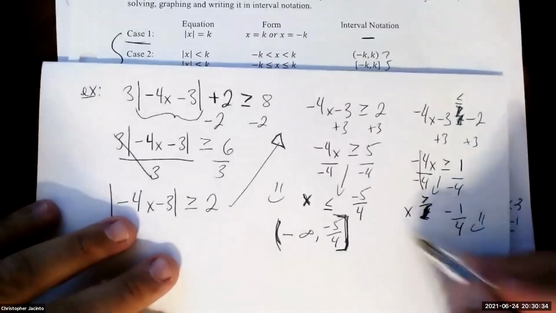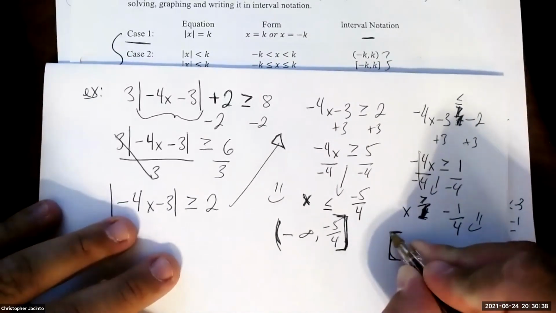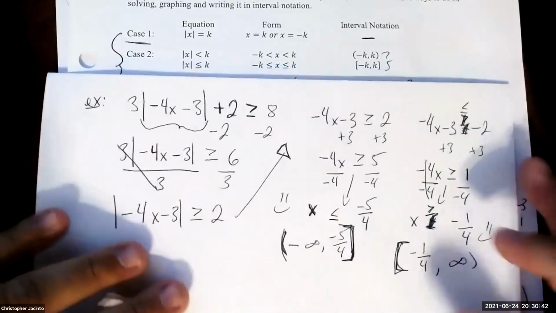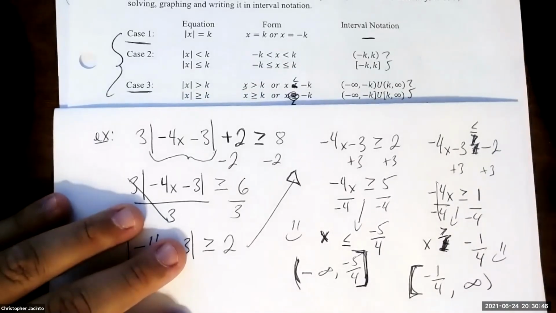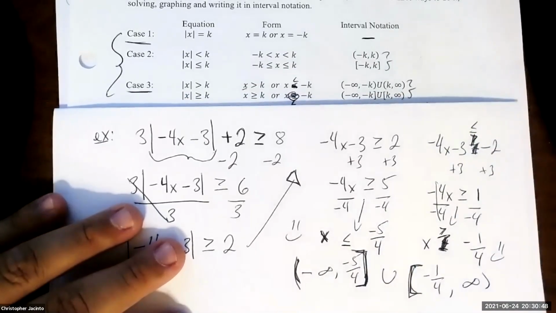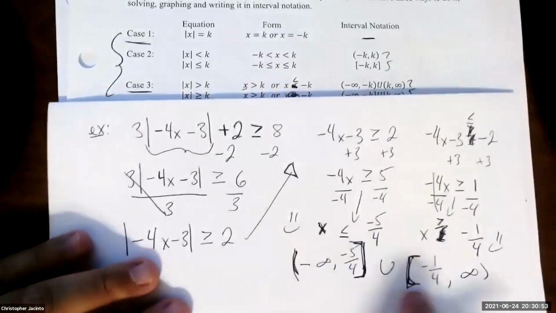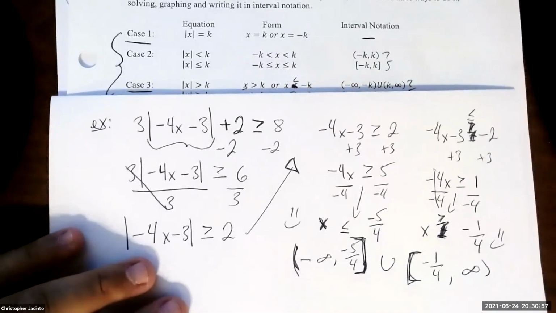Same thing over here. x is greater than or equal to -1/4, so bracket on the -1/4, and to infinity. Again, notice we're just following the template. If you want, you can put the union symbol. I really don't care, as long as you have both of them, I'm happy. You don't have to put them in this order if you don't want to.